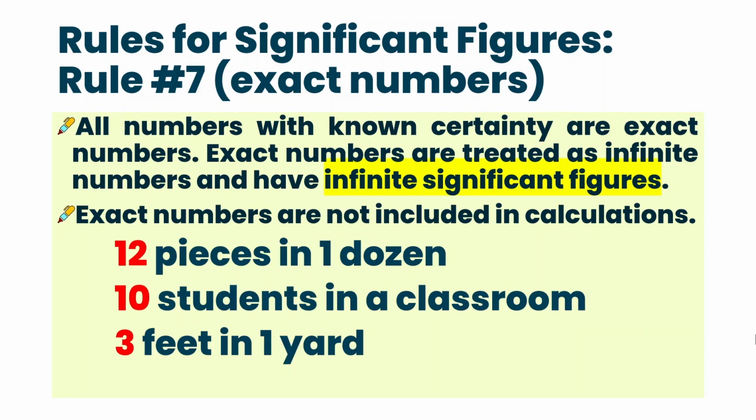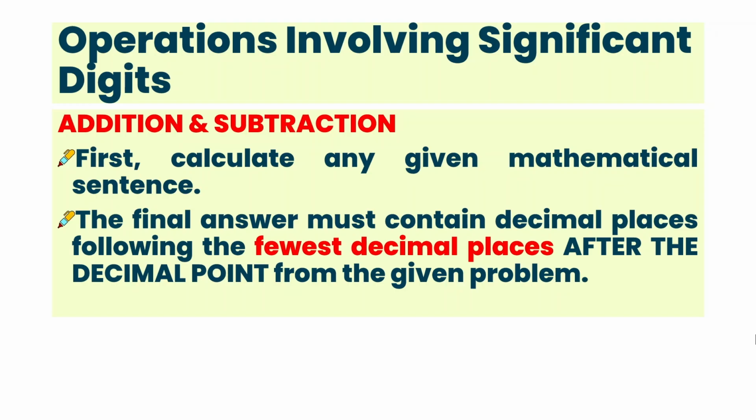How many significant figures? If we add, multiply, divide, or subtract, how do we report significant figures from the calculations? Addition and subtraction has their own rule, multiplication and division also have their own rule. For example, let's learn first the rules for addition and subtraction.